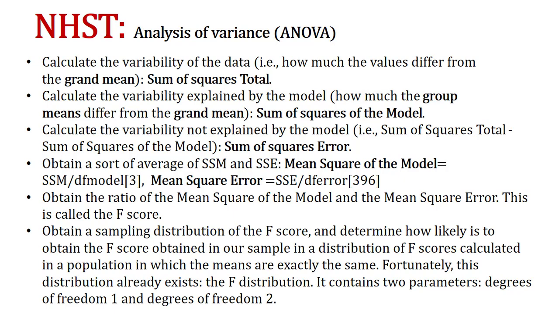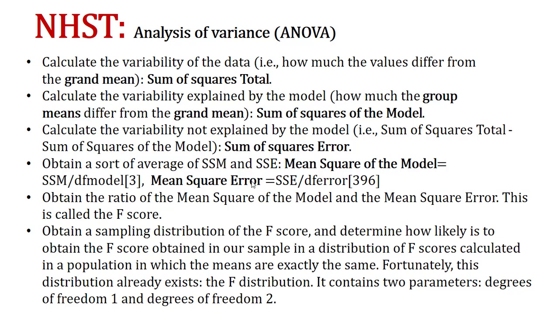And the degrees of freedom for the error is 396, because the total is 399, which is 1 less than the 400 values we obtained. So we've got 399 for the total, but we have to subtract these 3, and we get 396.